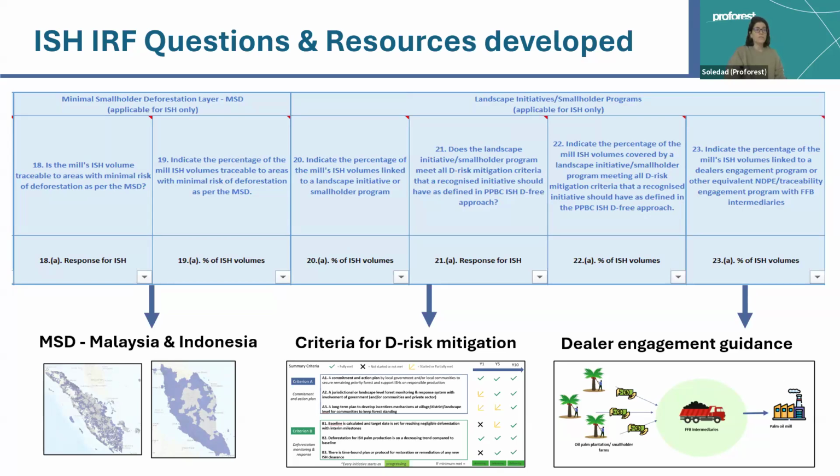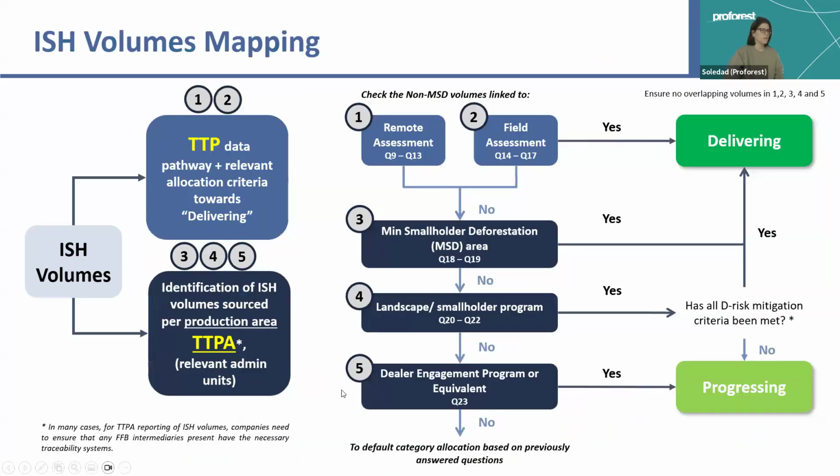Before we go into these resources in detail, just as a summary of what are the options for independent smallholder volumes to reach progressing and delivering, we have this little graph.